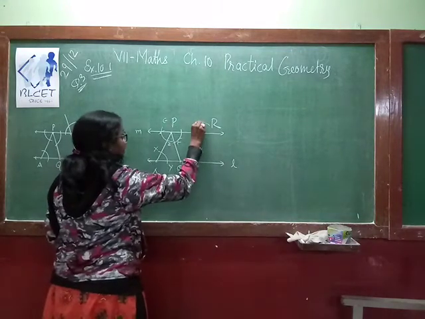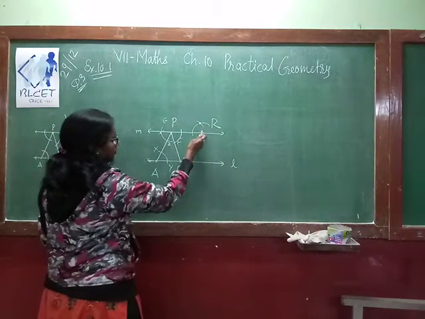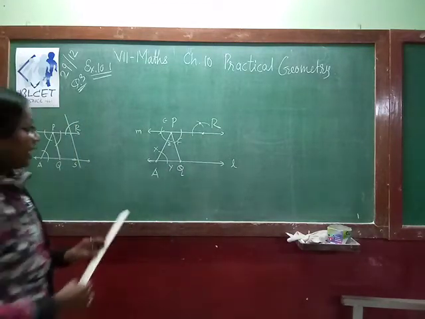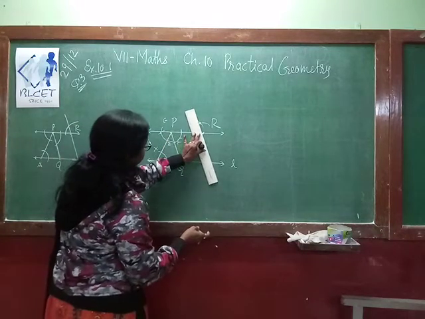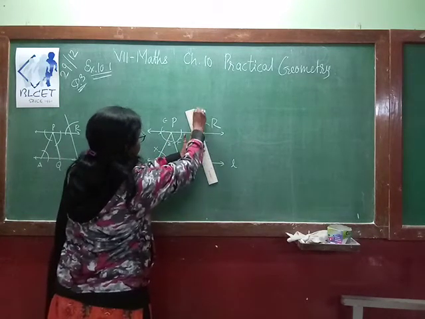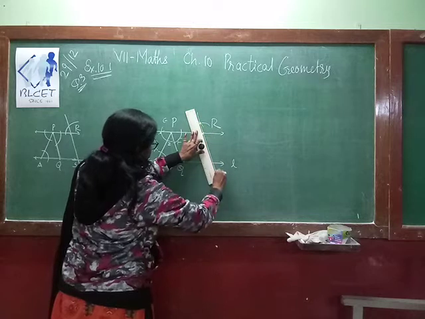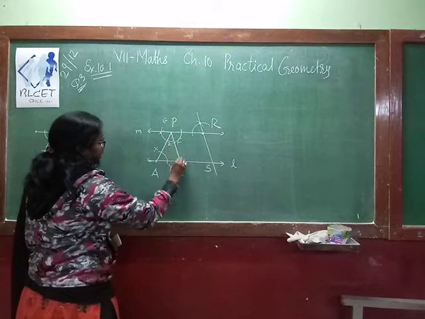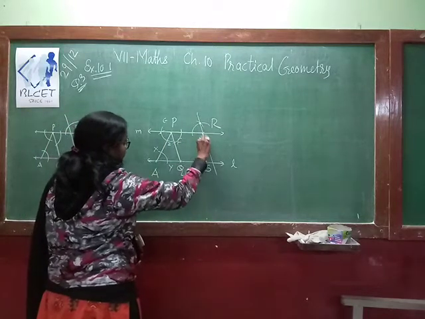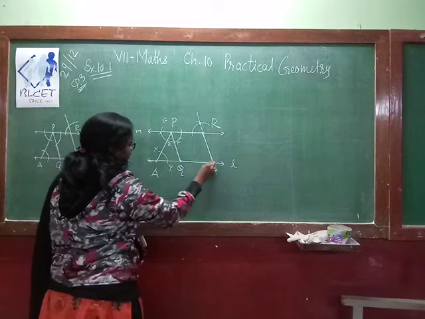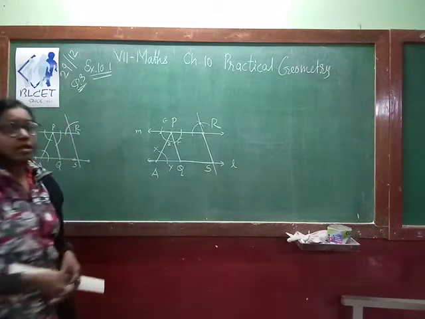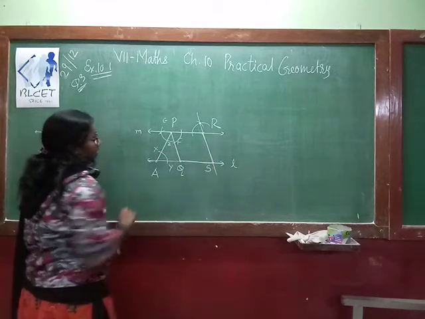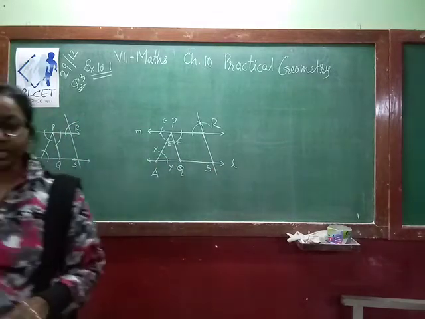Now we have to join these 2 points and just draw the straight line which will cut L on S. So now you are getting this kind of diagram and you have to name the shape of this. So what is this? This is your parallelogram PQSR. So this way we can do the construction 3.